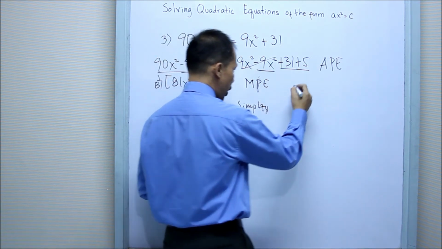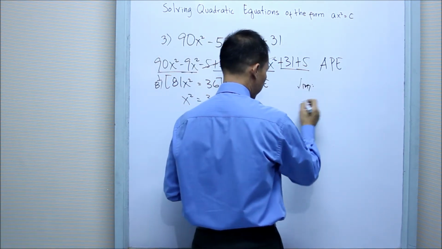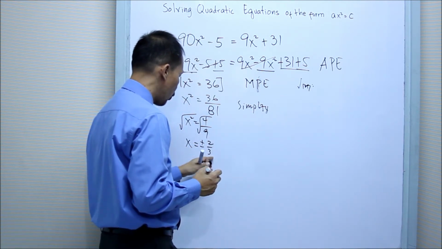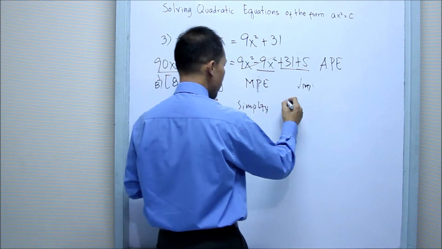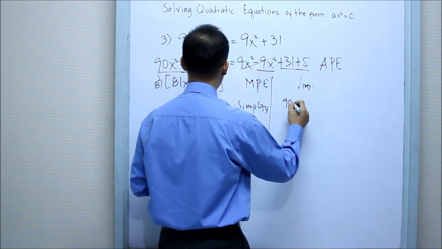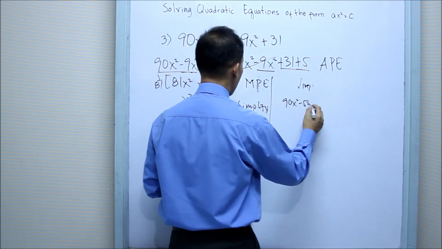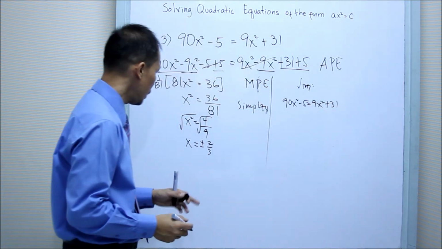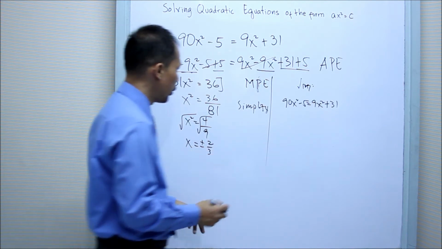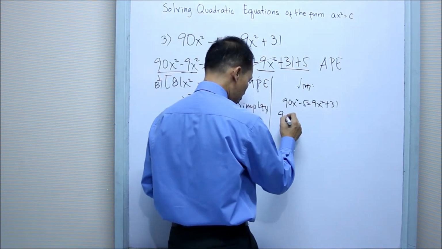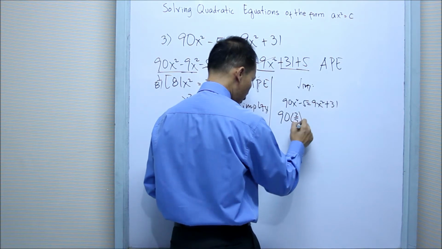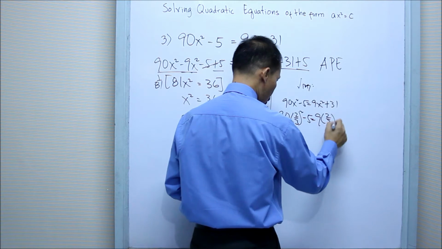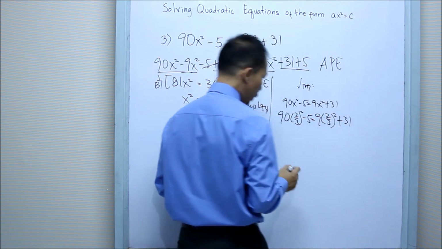We're going to check if x is equal to 2 over 3. So the original equation is 90x squared minus 5 is equal to 9x squared plus 31. Since the value of x is 2/3, I'll substitute it in the original equation. 90 times 2/3 squared minus 5 equals 9 times 2/3 squared plus 31.